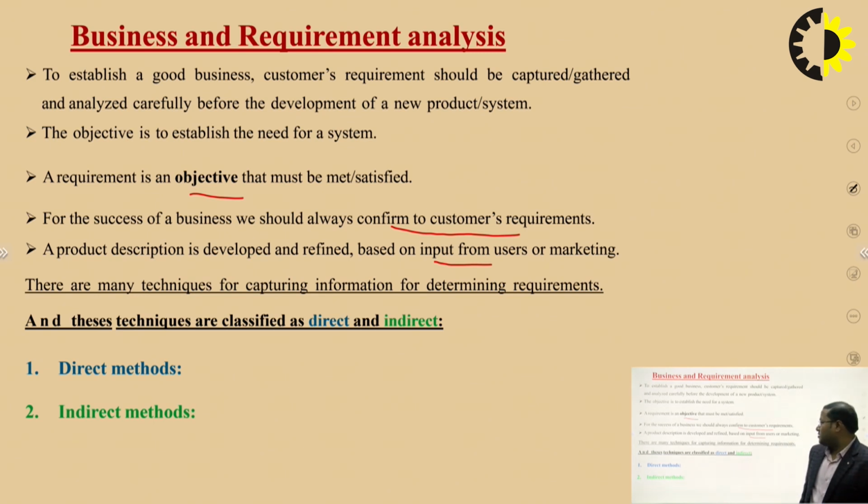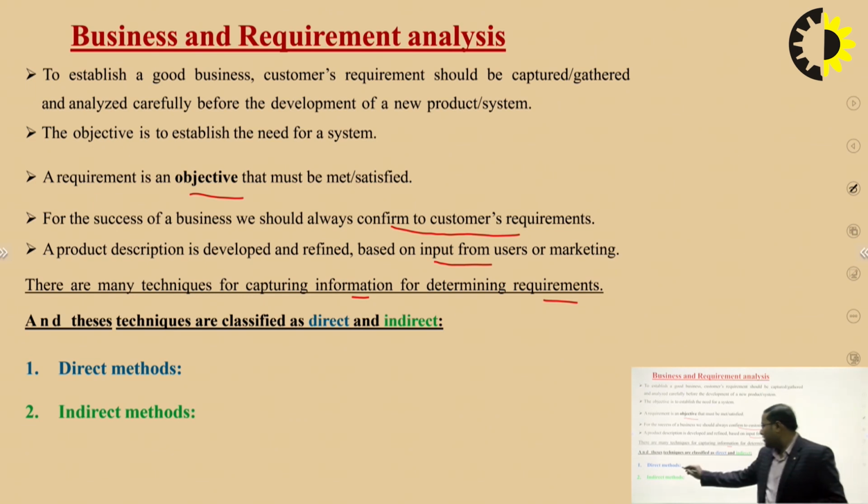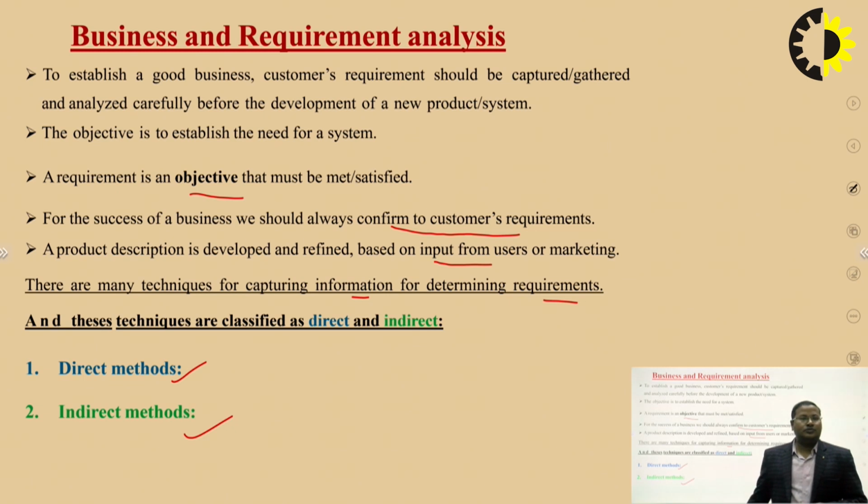There are many techniques for capturing information for determining the requirements of the customer. These techniques are classified as direct methods and indirect methods. By using these two methods, we can collect the requirements of the customer. And after collecting the requirements, we can design the user interface according to the customer requirement.